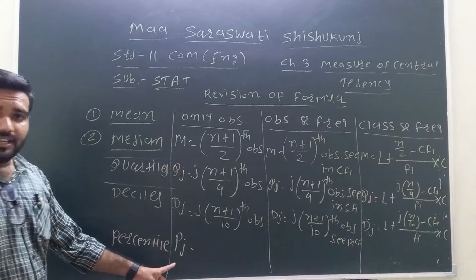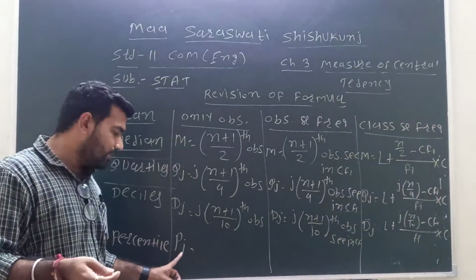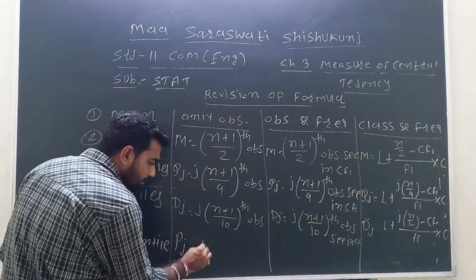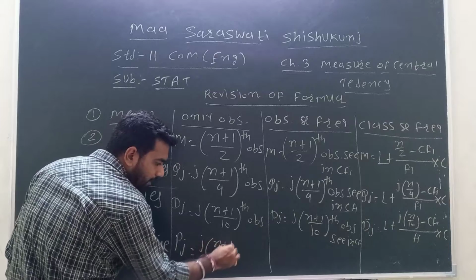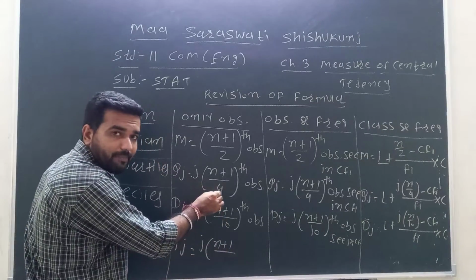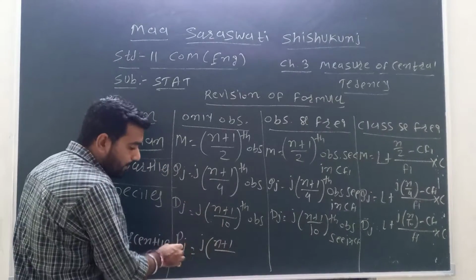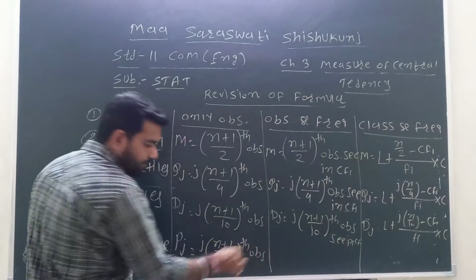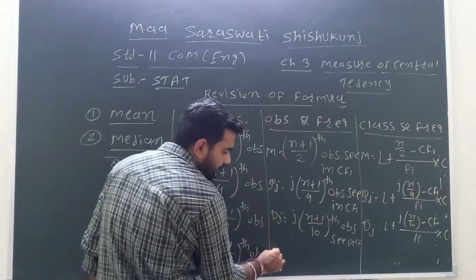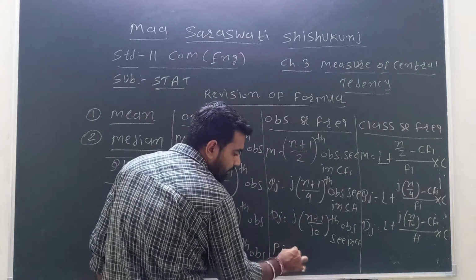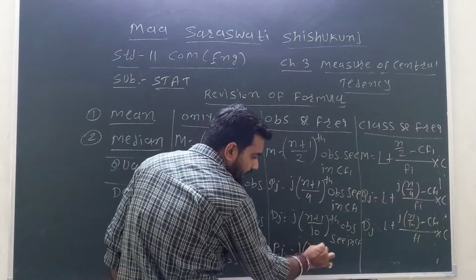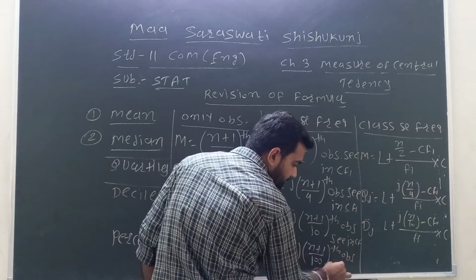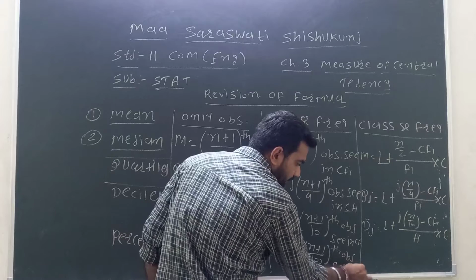So for Pj, suppose P37 is given; in place of j we put 37. So Pj is equal to j in bracket (n plus 1) by 4 for quartiles, 10 for deciles, 100 for percentiles, observation. Same formula with observation and frequency: Pj is j in bracket (n plus 1) by 100 observation, C in CFi.